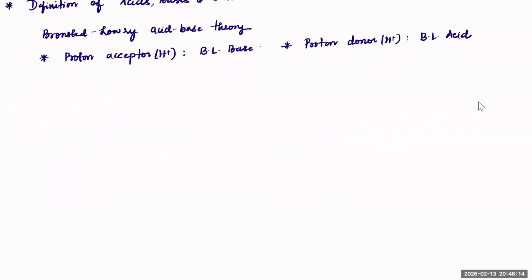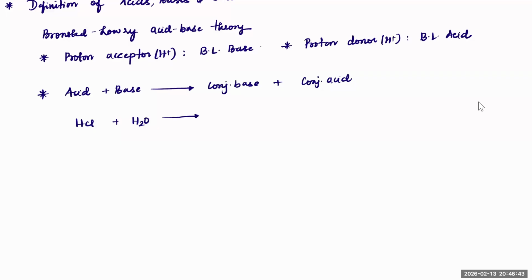Okay. And generally, what you need to know is that an acid, when it reacts with a base, will always give you a conjugate base. That means after removal of H plus, the remaining part is called conjugate base. And base will give you a conjugate acid. In simple terms, if you have HCl added with water and HCl is giving away H plus, it will become Cl minus, and H2O is becoming H3O plus.